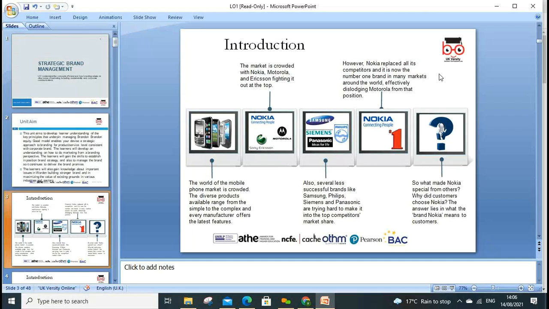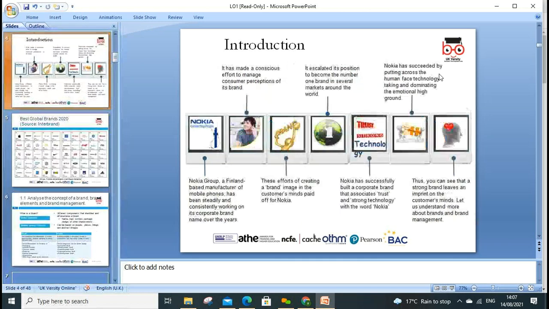We can also look at several less successful brands like Samsung and Philips. So what made Nokia special from others, and why did customers choose Nokia? The answer lies in what the brand Nokia means to the customer. So we need to look around at how they made a conscientious effort to manage the customer perception.